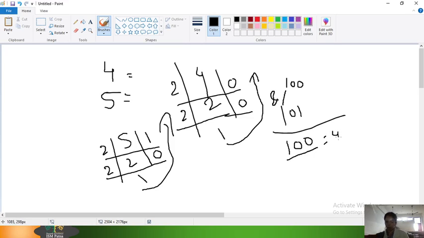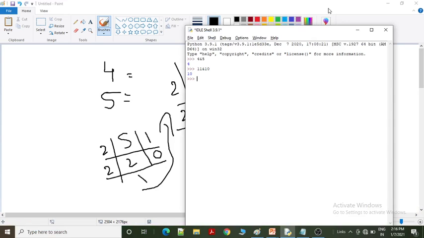Let's check the output of 4 and 5 in the Python shell. The Python compiler will calculate your data in such a way. So let me check the value of your data in the Python shell first. So what will be the input?